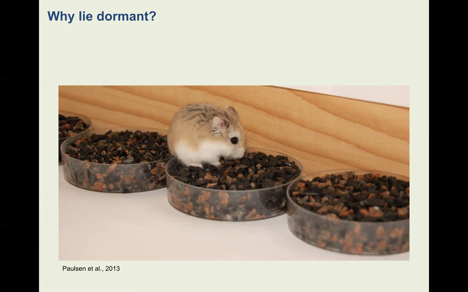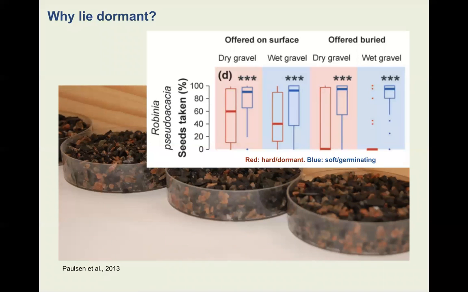Seeds that are dormant also, in this case anyway, can escape detection by seed-eating animals. So this is an example of the black locust, one of our trees that we can find around here. And here we have dormant seeds and germinating seeds.